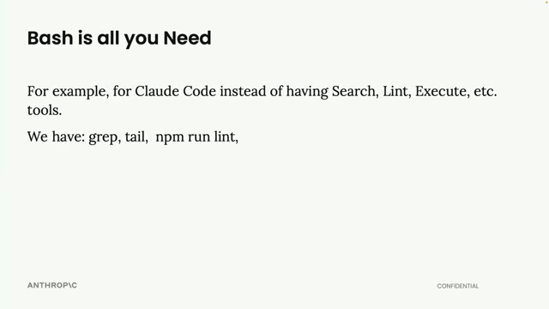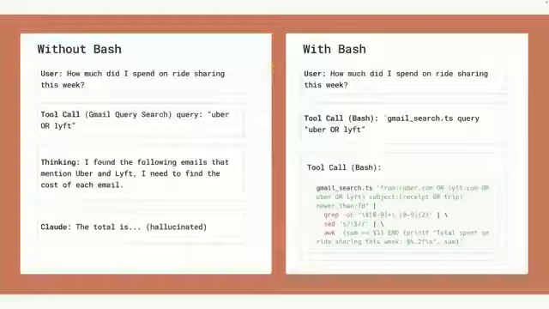It can lint, and it can find out how you lint and run npm run lint. If you don't have a linter, it can say, what if I install ESLint for you? So like I said, this is the first programmatic tool calling, the first code mode. You can do a lot of different actions very generically.